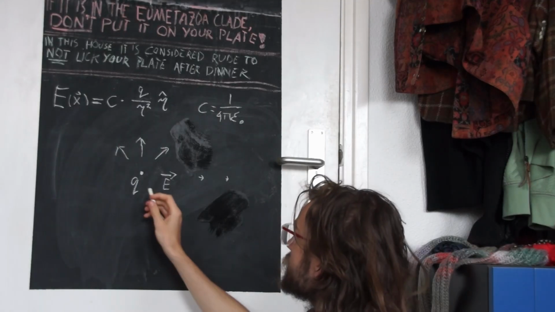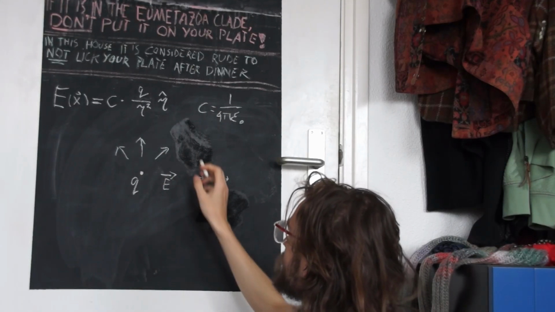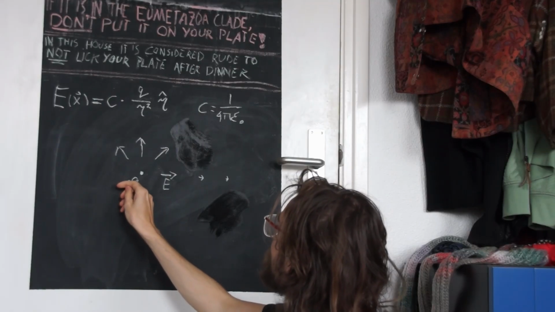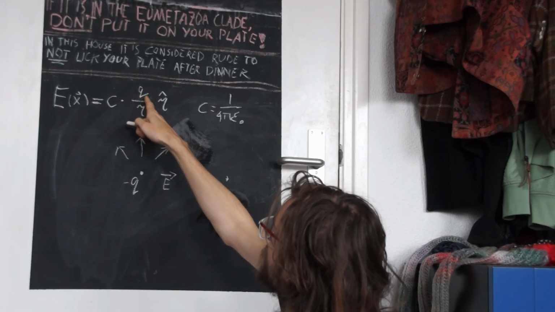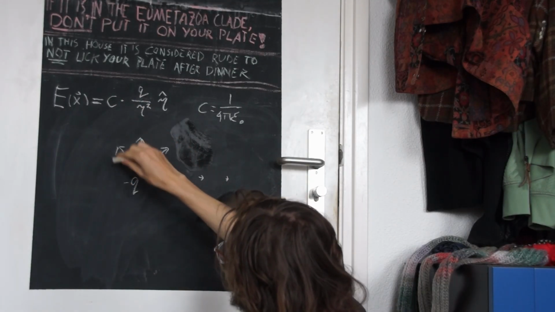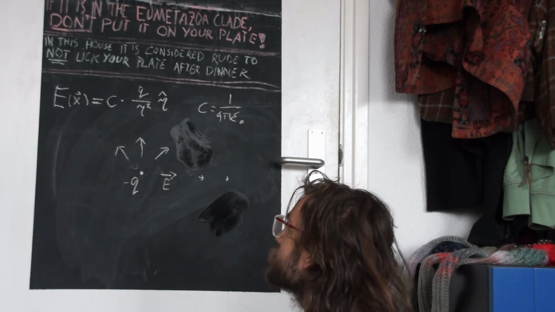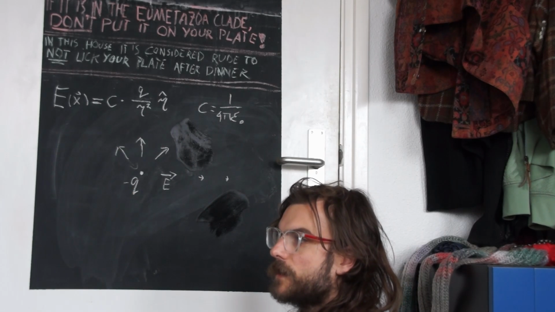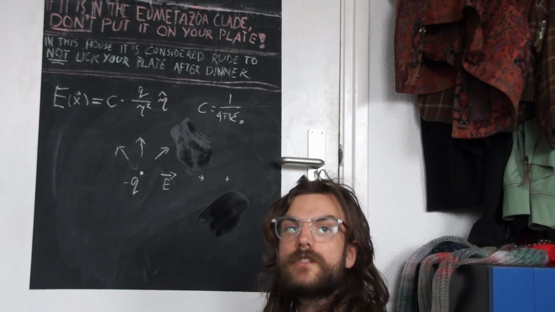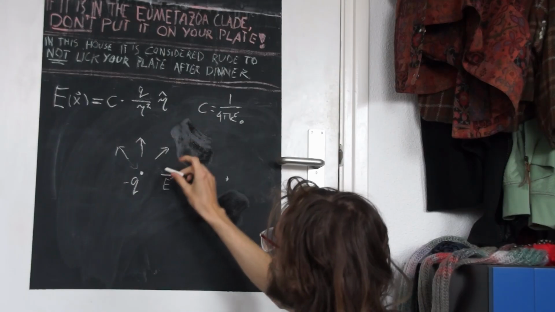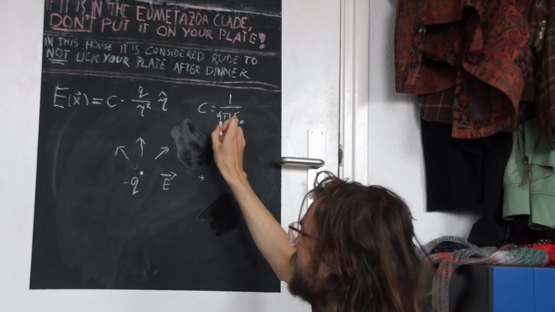So our point charge creates this electric field around it, and if it were a negative charge, then the direction of this field is reversed. So instead of pointing outwards, it would point inwards. And negative charges also get pushed the other way in the field. So a negative charge would go against the arrows, whereas a positive charge would get pushed with the arrows.